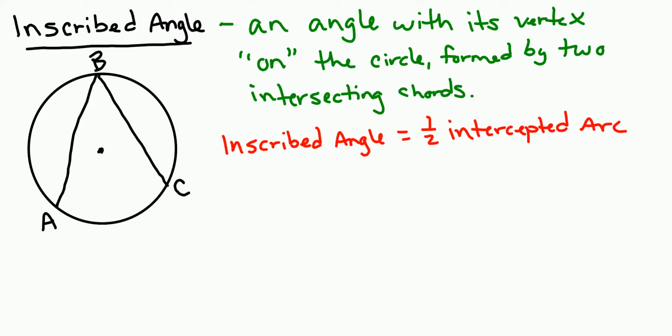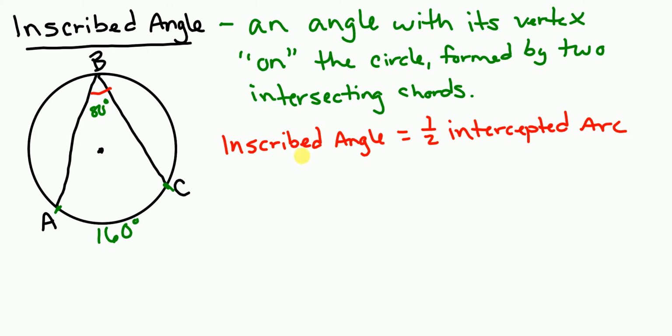Okay, so if we said that this angle ABC is 80 degrees, that would mean that this arc, the arc AC, is 160 degrees.